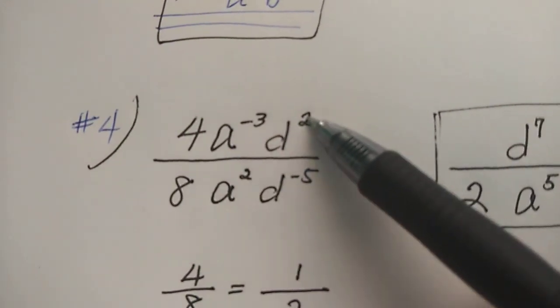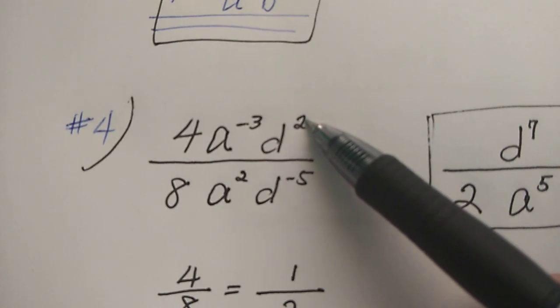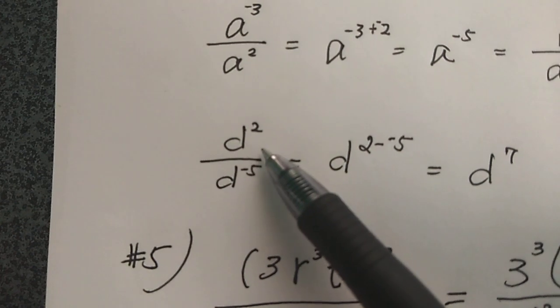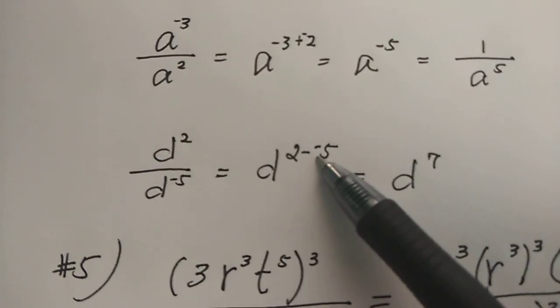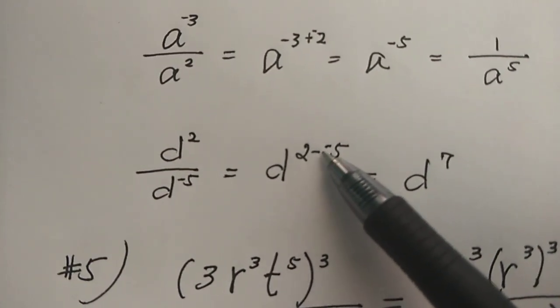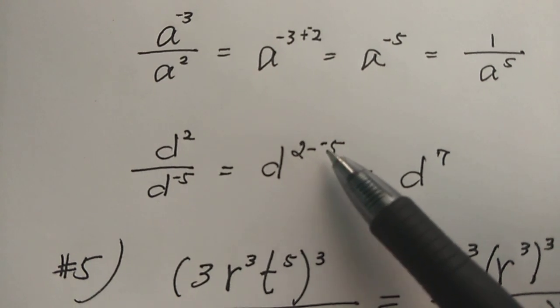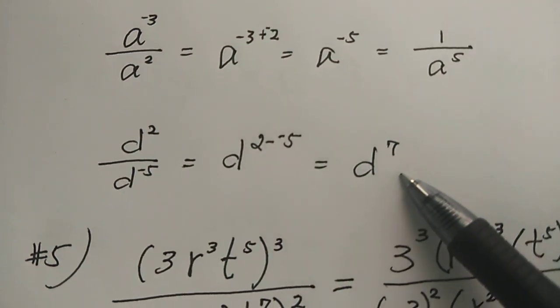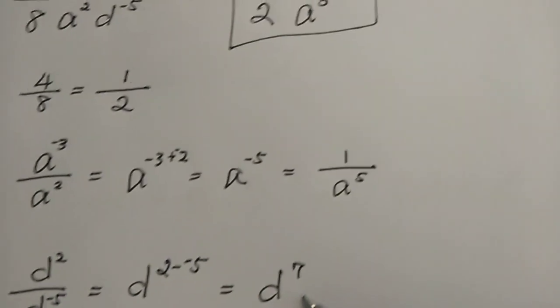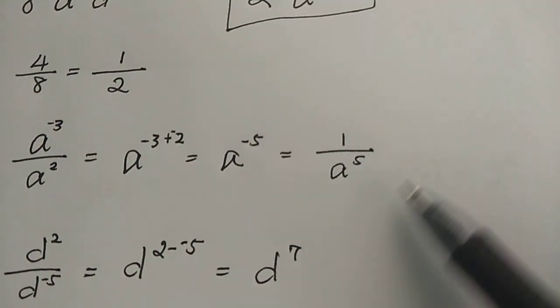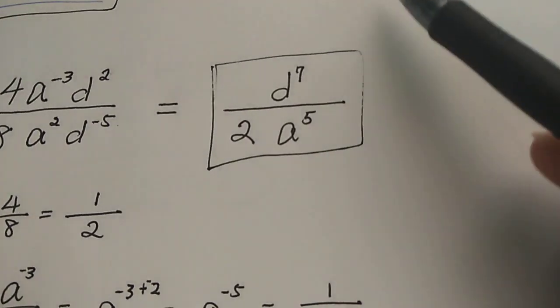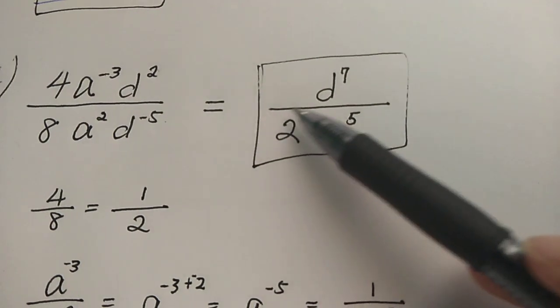Now we're going to look at the d part. You have this d to the second power, and you're going to subtract the negative 5, which is the same as adding a positive. So it becomes 2 plus 5, which is d to the 7th power. Now when you put all of these 3 components together, you draw a line.